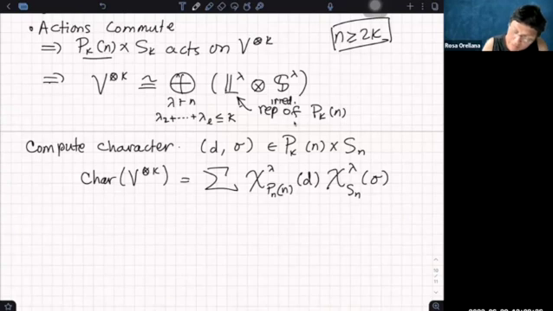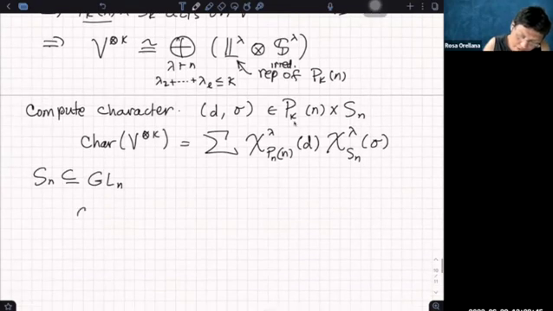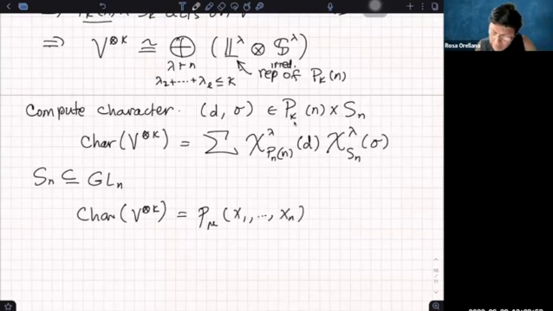Well, we are thinking of Sn as being contained in GLn, which says that the character of V tensor K, remember, was equal to the sum of P mu, the power symmetric functions in X1 through Xn, but now you are only evaluating at eigenvalues.